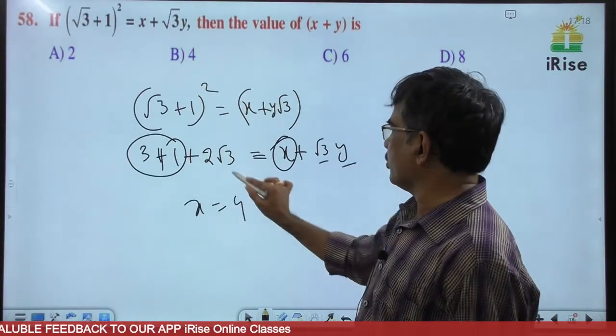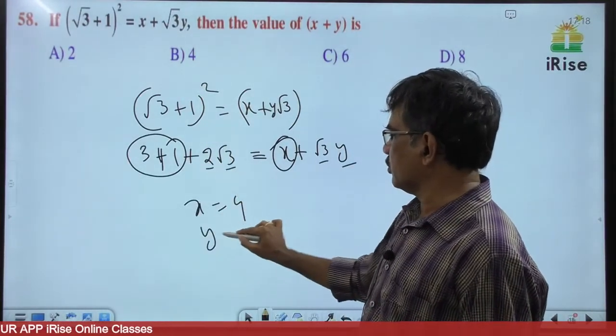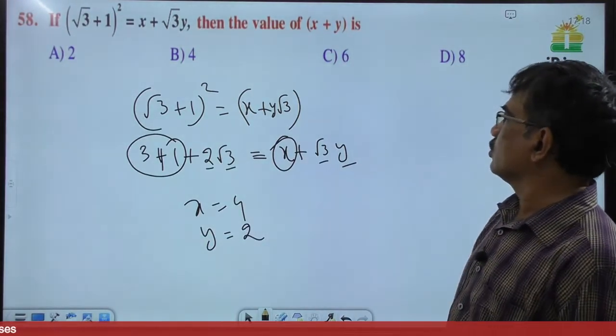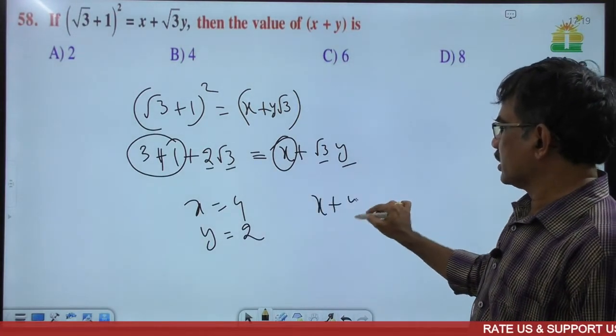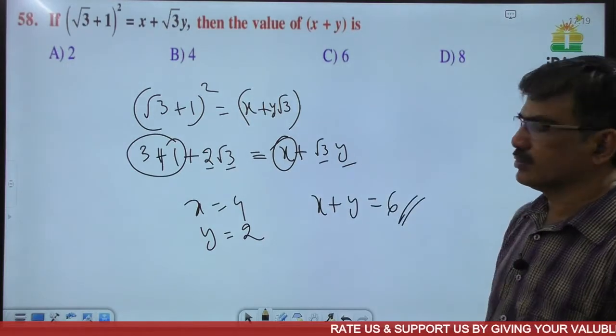Root 3 is multiplied by y, here root 3 is multiplied by 2, so y is 2. So x is equal to 4, y is equal to 2, and x plus y is equal to 6.